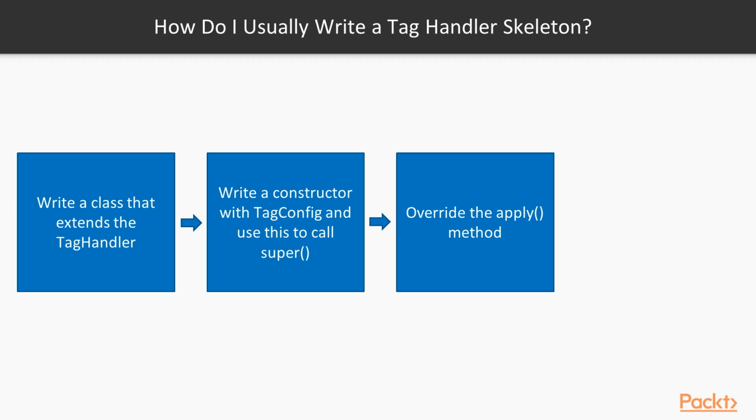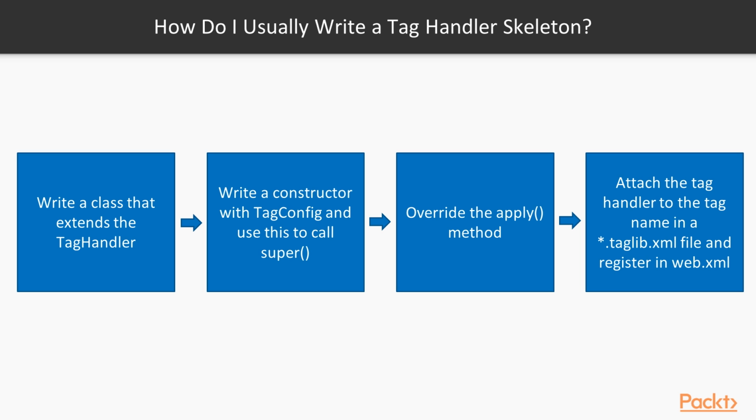Here, we place the code for punching the component tree. Finally, we attach the tag handler to the tag name in a taglib.xml file, and we register the taglib.xml file in web.xml via the context parameter javax.faces.FACELETS_LIBRARIES.